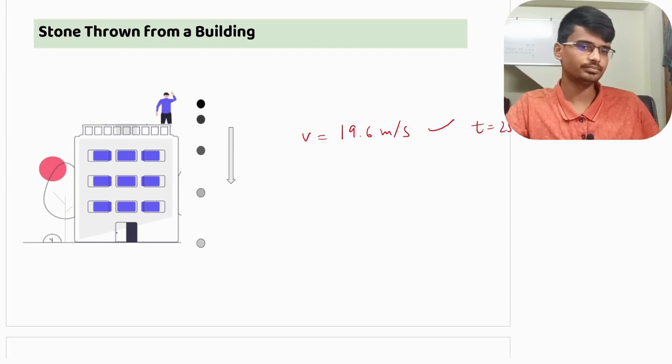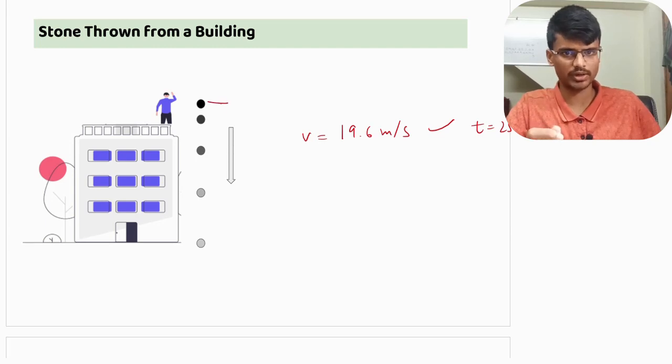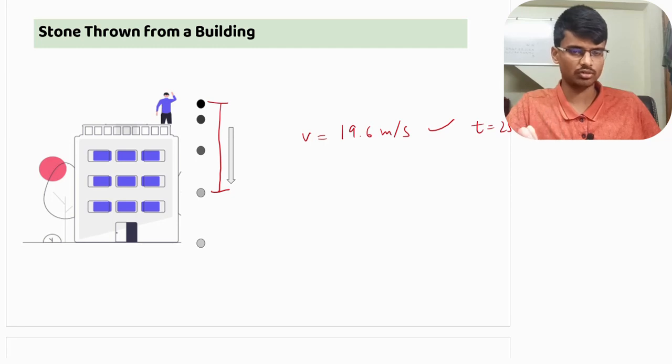Suppose, now tell me, to find out the distance of the stone from this point, if I want to know how much distance it has traveled for any given instant of time, how do I find that out? We'll make use of the formula v square minus u square is equal to 2as.